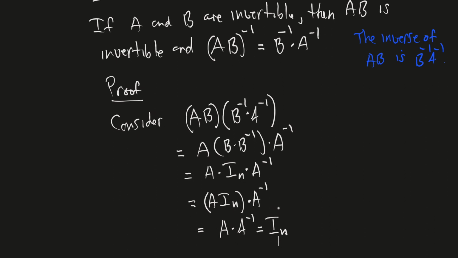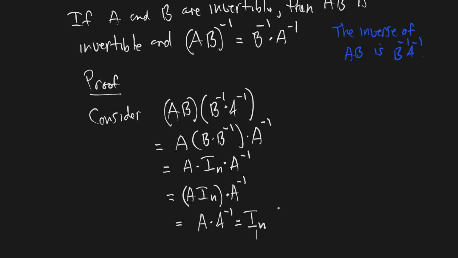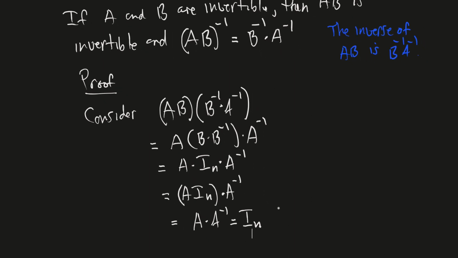But again, this is only partially complete. We have to consider the product where we put AB on this side. So put the B inverse A inverse first. Let me write it like this.